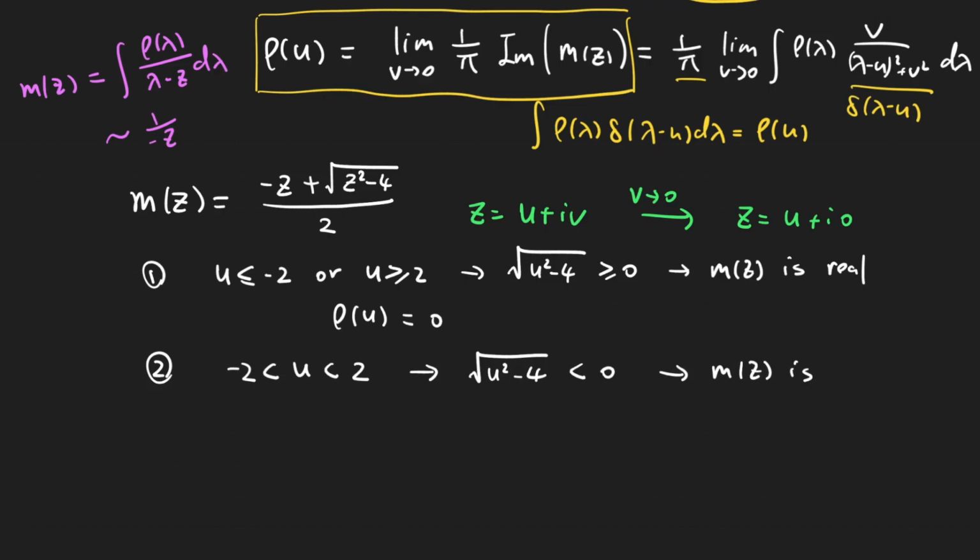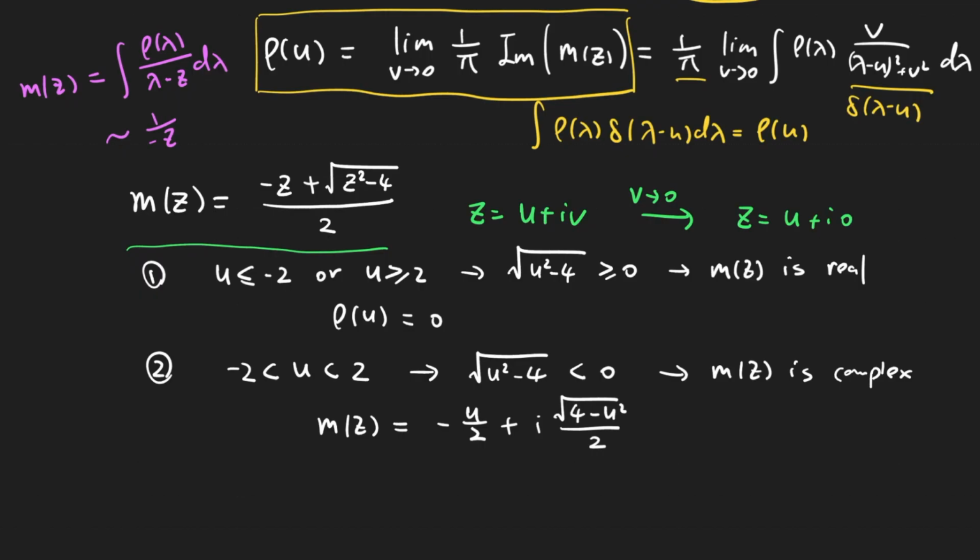Looking at this equation, m of z has real part minus u over 2, and imaginary part i times the square root of 4 minus u squared.